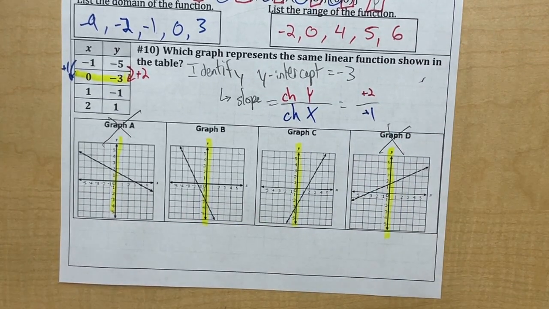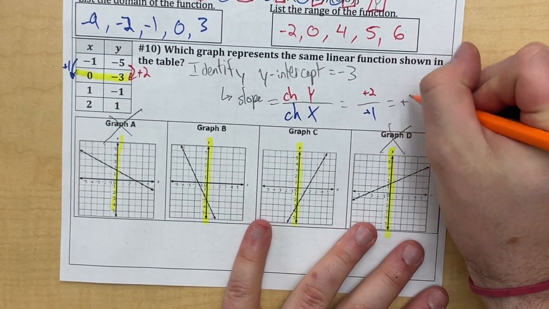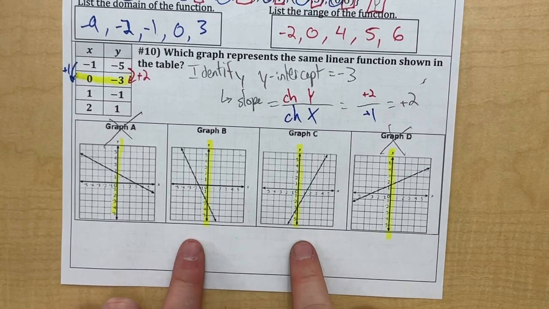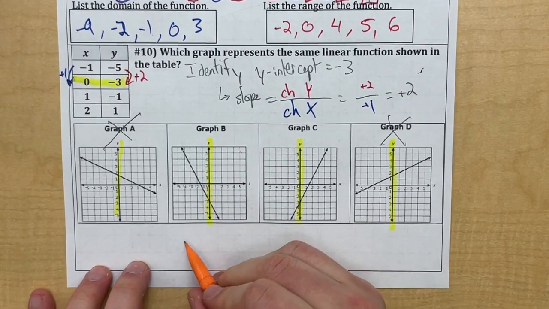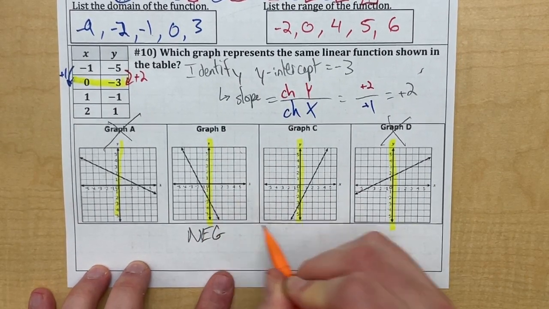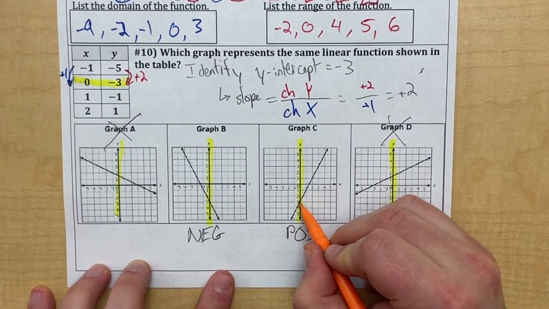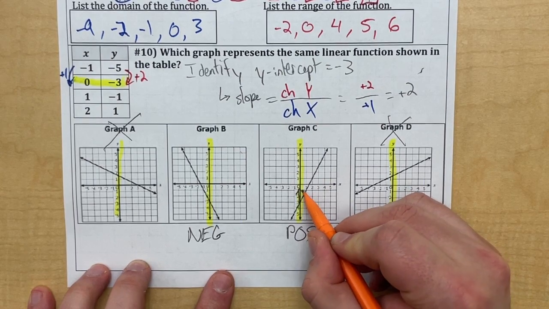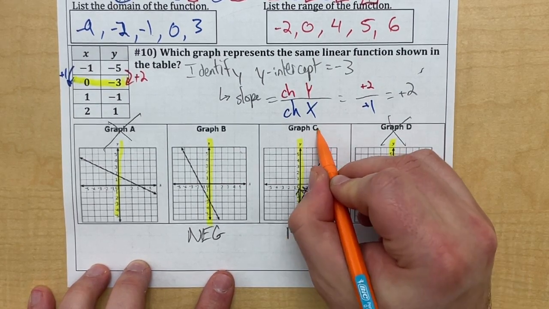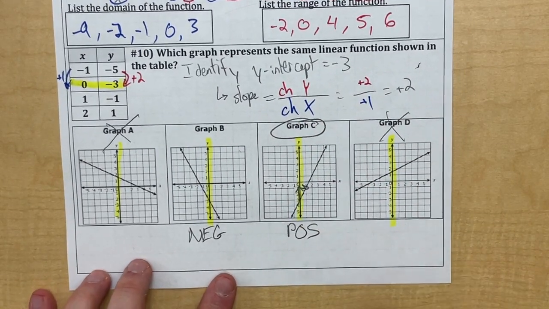So that means my slope is just going to be +2, which means I have a positive slope. If I compare B and C, this one is a negative slope, whereas this one is a positive slope. Again, notice how I'm increasing 2 steps for every 1 step to the right, so I know for this one it's going to be graph C.